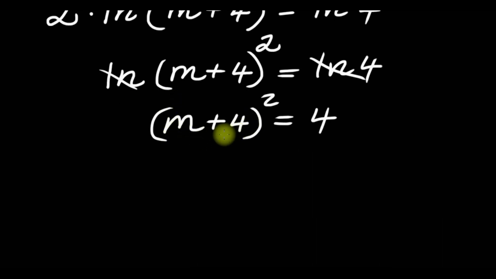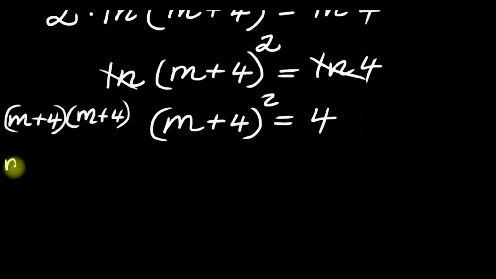Okay, so now we're going to solve for x. There's two ways that I can do this. I can expand this and then solve the quadratic equation by factoring, or I can take the square root of it. I'm going to go ahead and expand this. So to expand it, you would have to take x plus 4 times x plus 4, right? So that's going to give you x squared plus 4x and 4x, that's going to be 8x, plus 16.